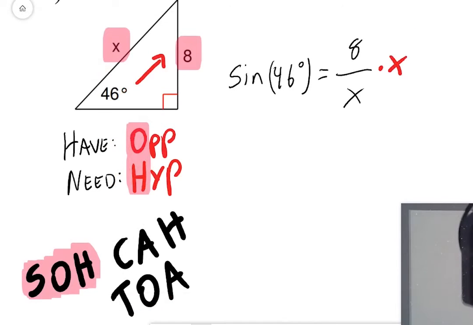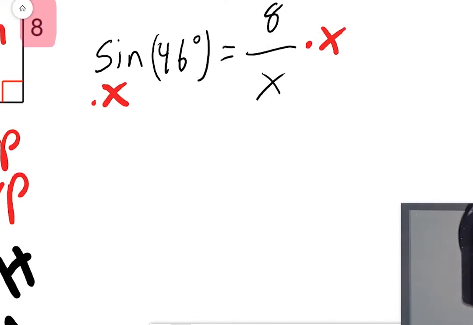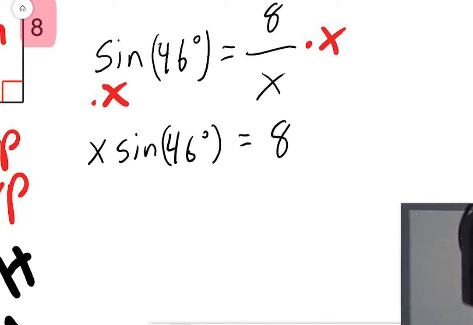I multiply both sides by x to clear the denominator. And I get x times the sine of 46 degrees equals 8. Divide both sides by the sine of 46 degrees.